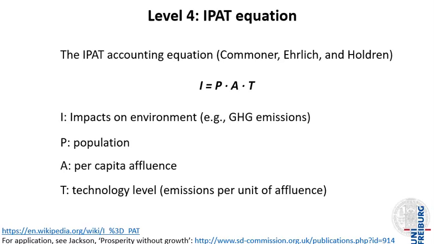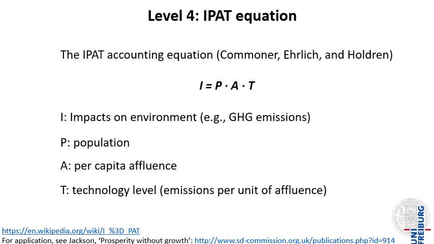So if you put these terms together, you will see that population cancels out, because A is total GDP divided by P, and T, technology, is total impact I divided by total GDP. So this accounting equation always holds, and it tells you how a system performs overall.